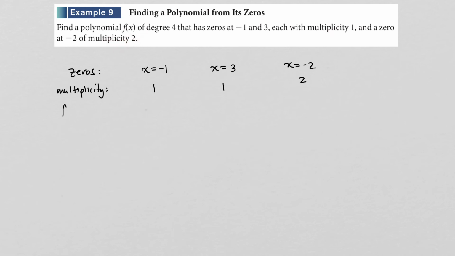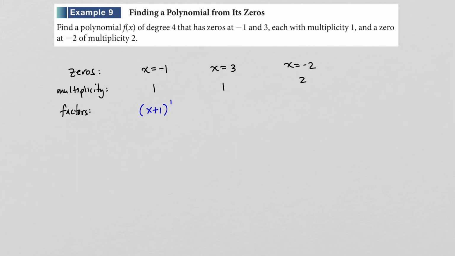Now what that means in terms of your polynomial is that your polynomial will be made of factors that are determined by those zeros and their corresponding multiplicity. So for x equals -1 to be a 0, that means that x plus 1 would be the factor, and it will be raised to the first power because the multiplicity is 1.